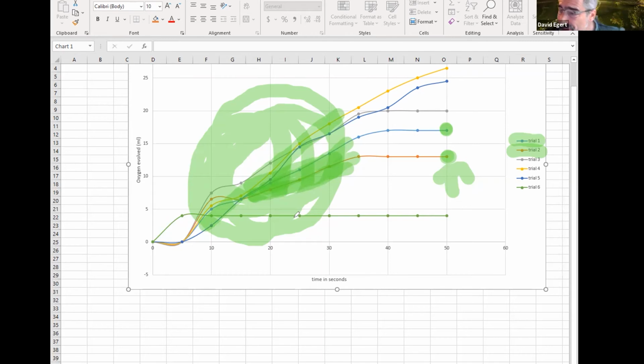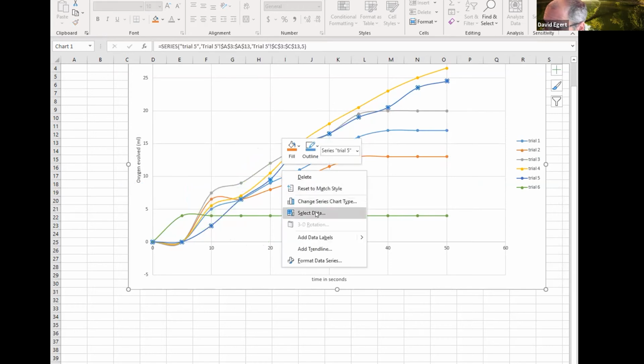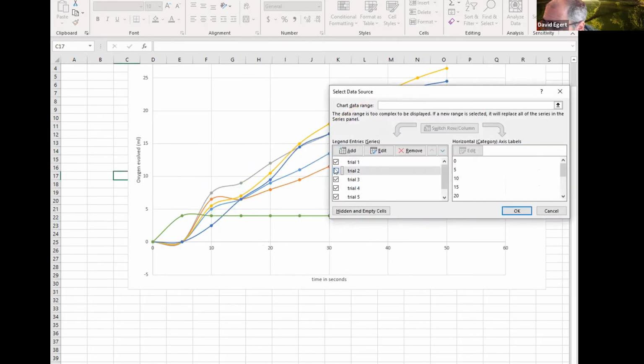Sometimes, like here, which one? This blue one, trial 5. If I'm going to try to get rid of everything but trial 5, give me one second here. What?